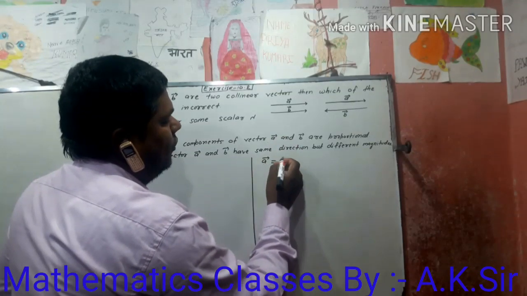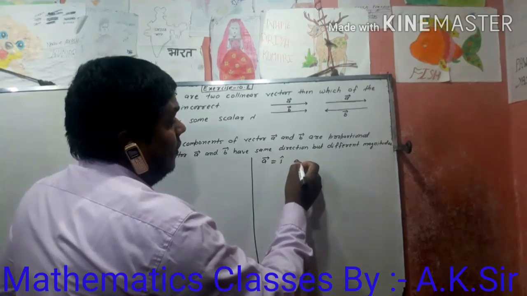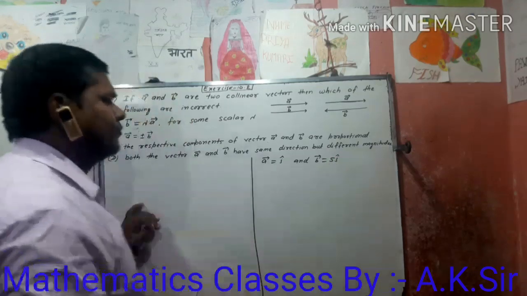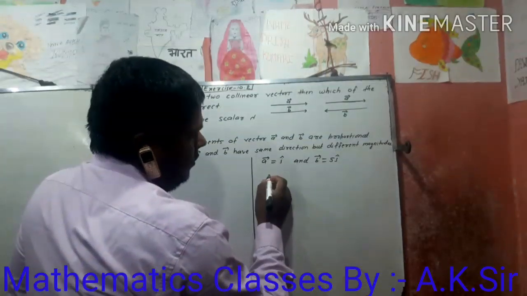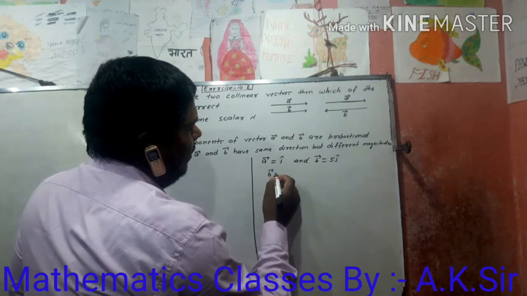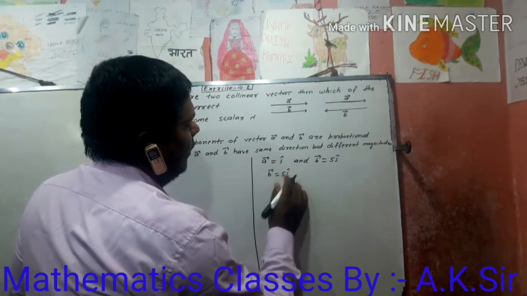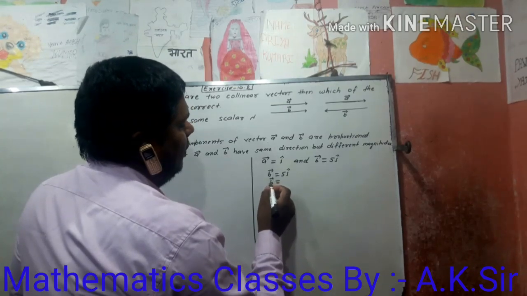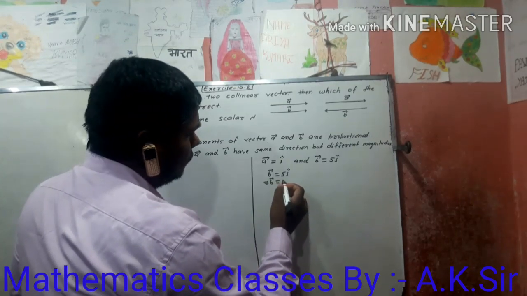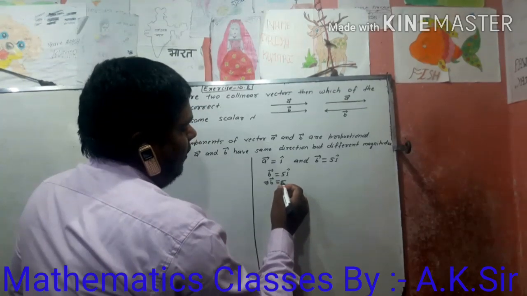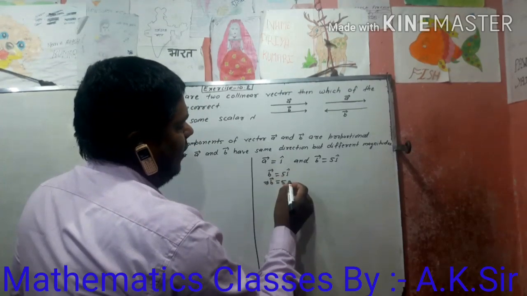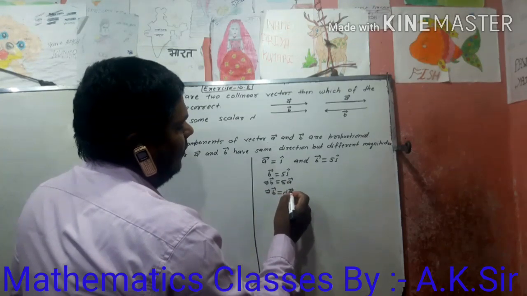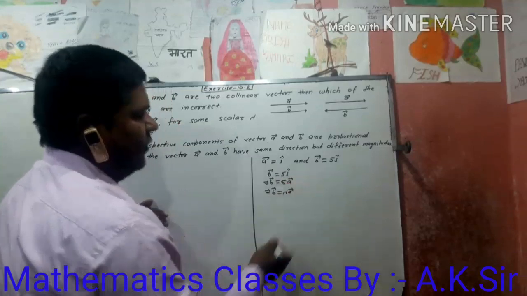If A vector is equal to i cap and B vector is equal to 5i cap, it implies that B vector is equal to 5 A vector. B vector is equal to lambda A vector, where lambda is a scalar.